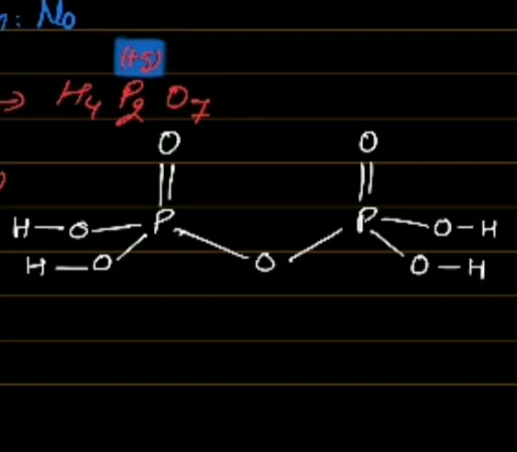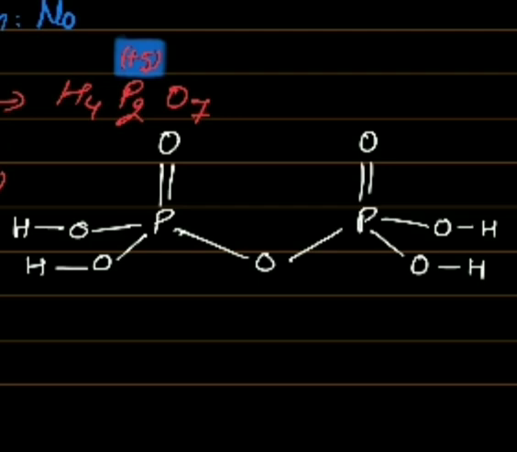From the formula of pyrophosphoric acid, we can conclude that oxygen is not present as an even number. It is present as an odd number. 7 is an odd number. So there will again be the presence of a phosphorus-oxygen-phosphorus bridging bond.